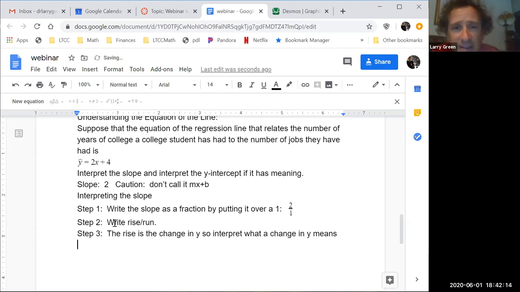Okay, so in this case, what does y represent? In words. So in this example, what does y represent?